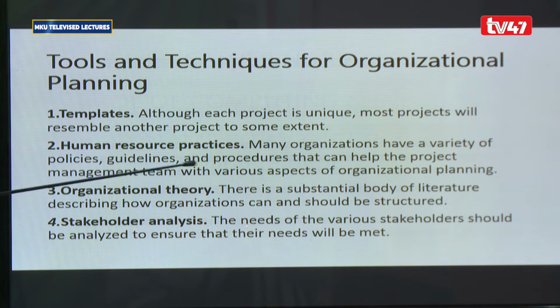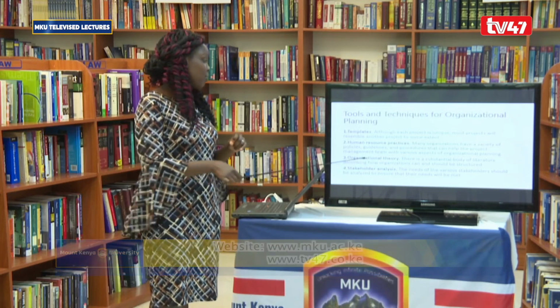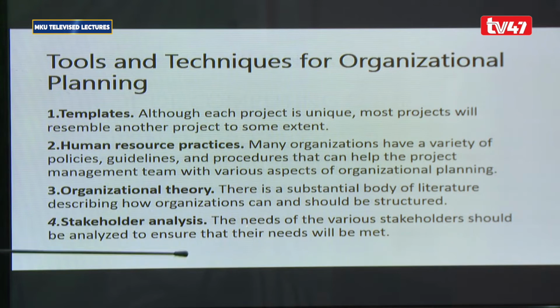planning. Another tool and technique that is important when you're carrying out organizational planning is organizational theory. Remember that there is a substantial body of literature describing how an organization should be structured. And another important tool is stakeholder analysis.